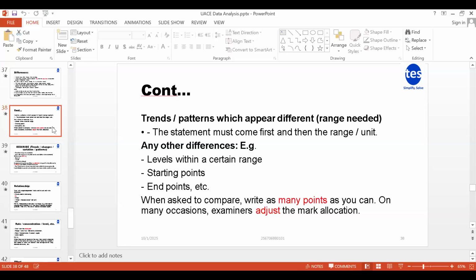Any other differences, e.g. levels within a certain range, starting point? For example, at our initial point, we can say maybe the amount of glucose was higher than the amount of something of that kind.